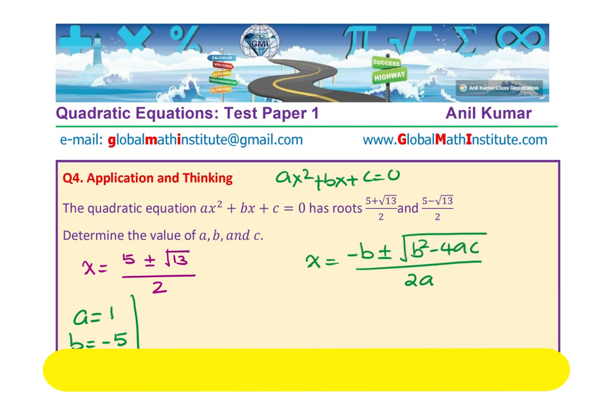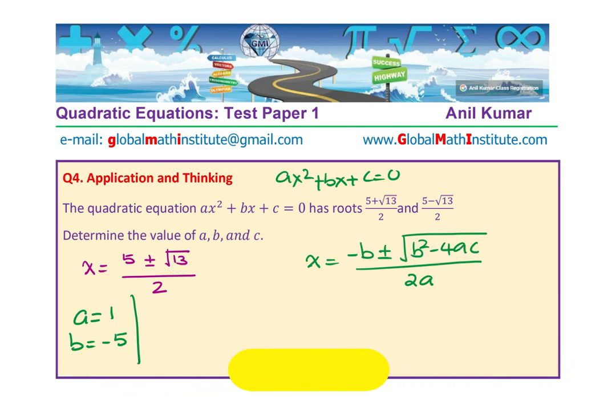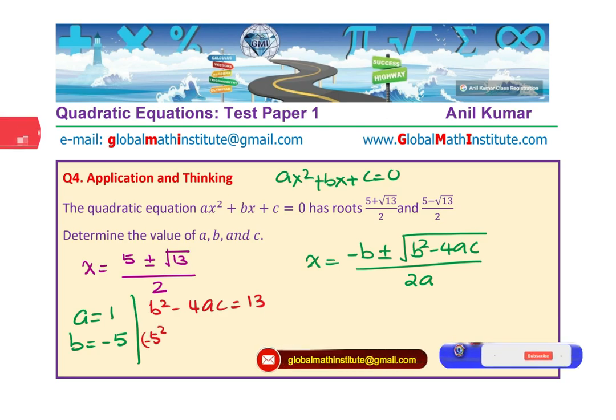Now b squared minus 4ac is 13. So we can equate b squared minus 4ac as equal to 13, right? We know a and b, so we need to find c. b squared is 5 squared, right? So this is minus 5 squared minus 4 times c. A is 1, right?